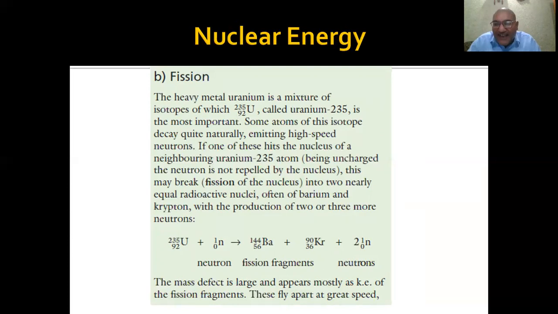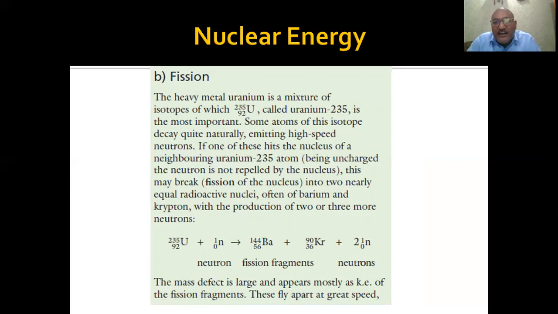So you see what is happening. We have a big uranium nucleus, and we have a neutron. And the neutron is neutral, so it is not repelled by the nucleus, which is positive. So what happens? A high-speed neutron, if it strikes, if it collides with the nucleus of uranium, it breaks.